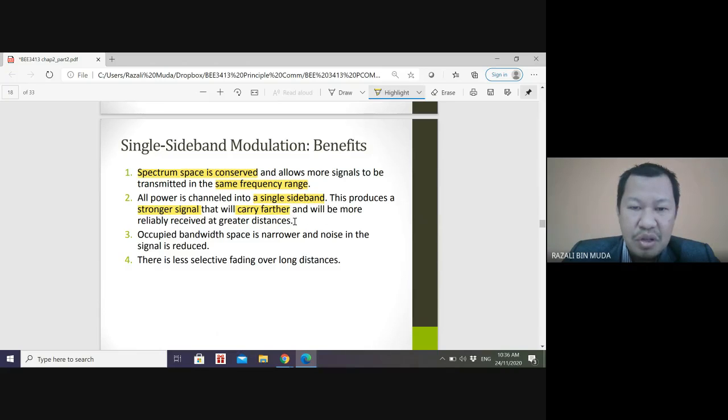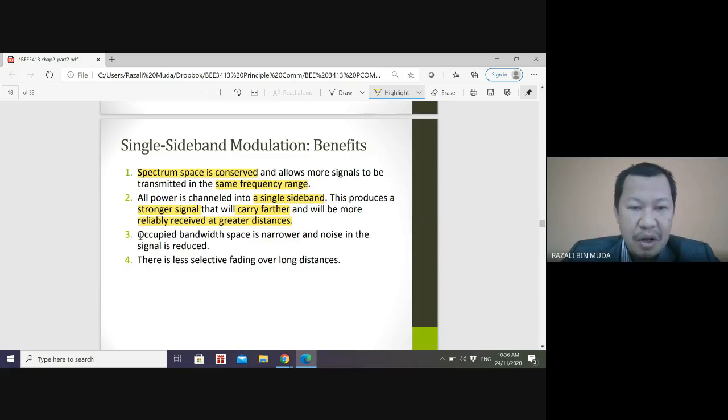So even if the location is further, the signal will still be strong, compared to double sideband using the same amount of power.